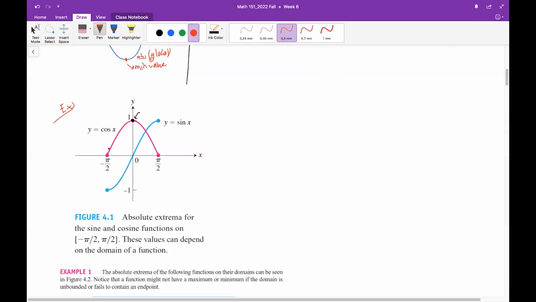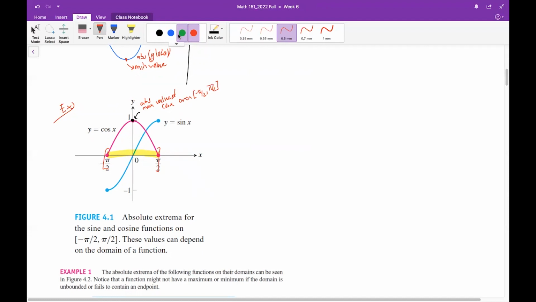Now we are interested in just this closed interval from minus pi over 2 to pi over 2. So over there, for the cosine function, this is the biggest value. So this is the absolute maximum value of cosine x over which interval? Over the given interval minus pi over 2 to pi over 2.